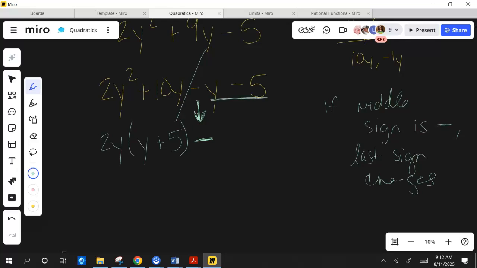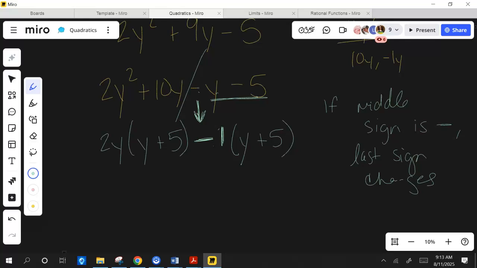What's the GCF of y and -5? 1, right? But because this is minus, I have to take out this negative, so I'm really dividing both of these by -1. Negative y divided by -1 is y, and -5 divided by -1 is +5. So you see how that last sign changed from what it was?